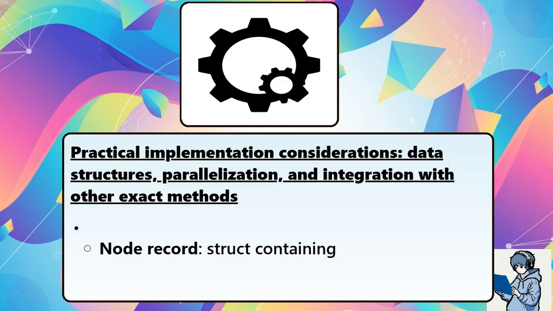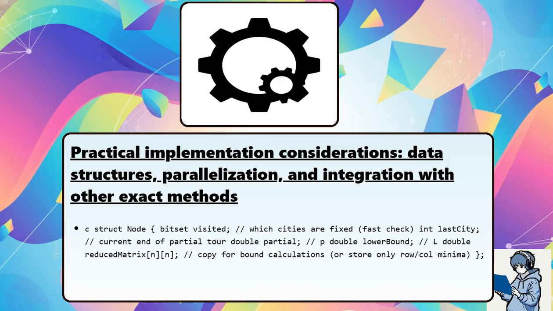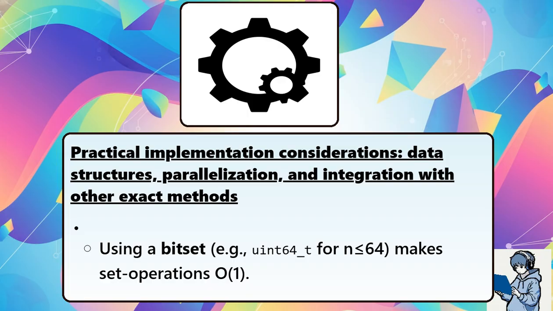Node record: a struct containing: struct node { bitset visited; which cities are fixed, for fast check; int last city; current end of partial tour; double partial; partial cost; double lower bound; double reduced matrix[n][n]; copy for bound calculations, or store only row/column minima }. Using a bit set, for example uint64_t, for n less than or equal to 64 makes set operations O(1).